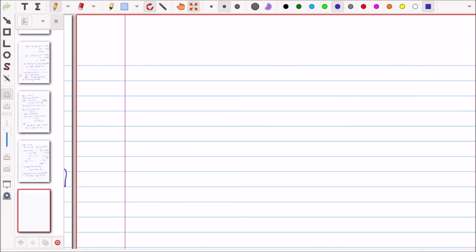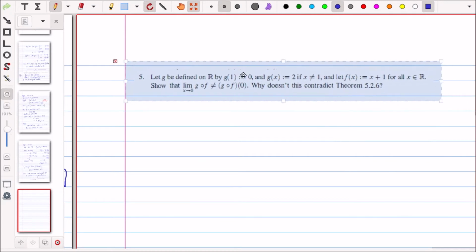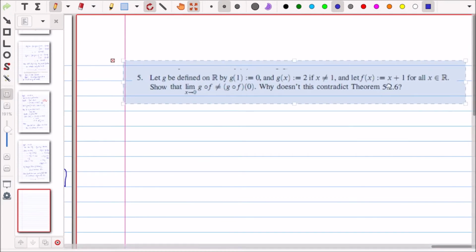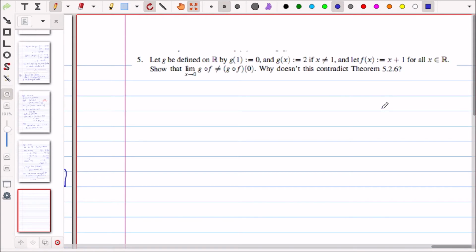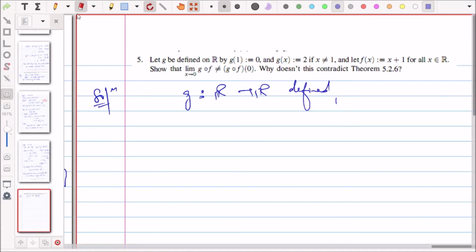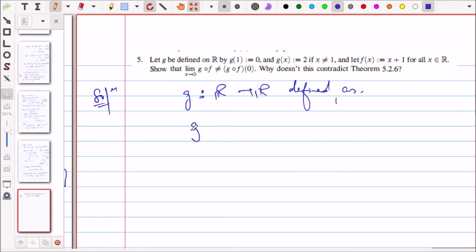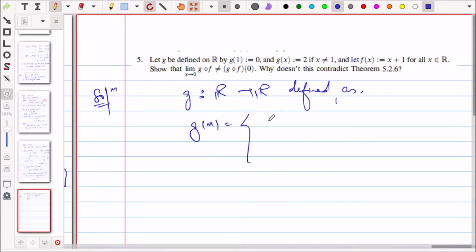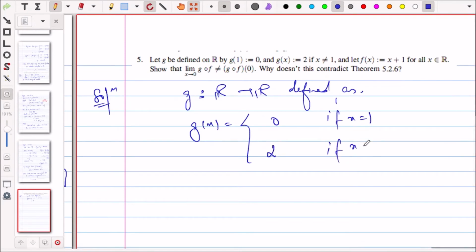Now let us take the next question, which is question number 5. In this we are given the function g from R to R defined as g(x) equal to 0 if x is equal to 1 and 2 if x is not equal to 1.